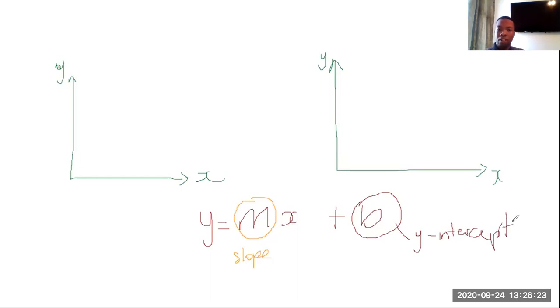A couple things I want us to recognize. When my graph goes in this direction, it is positive. My slope is going to be positive, so this m number right here will be positive.